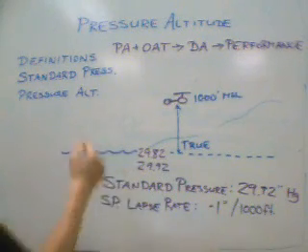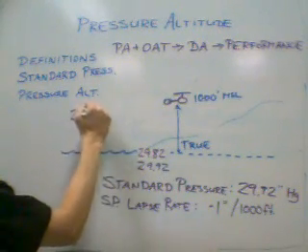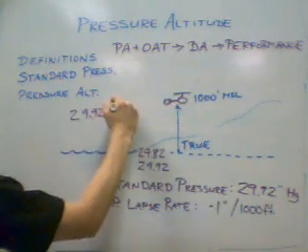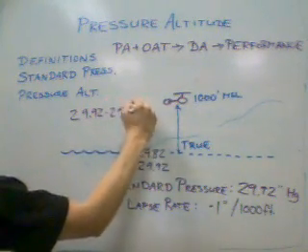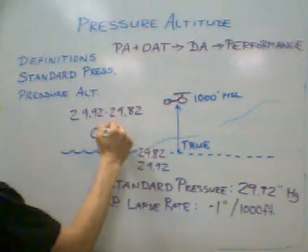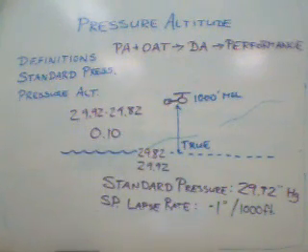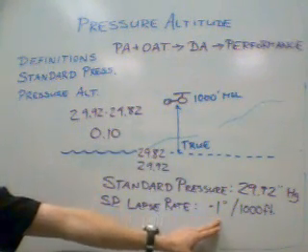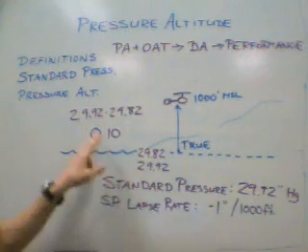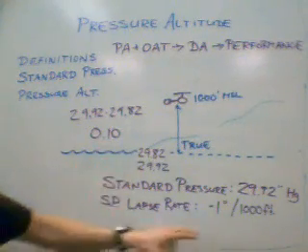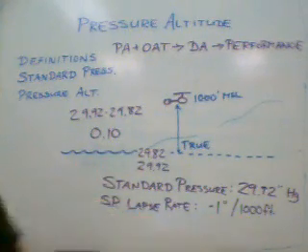The difference between these two is only 0.10. So again, if 1 inch is 1,000 feet, then 0.1 inches would be 100 feet.